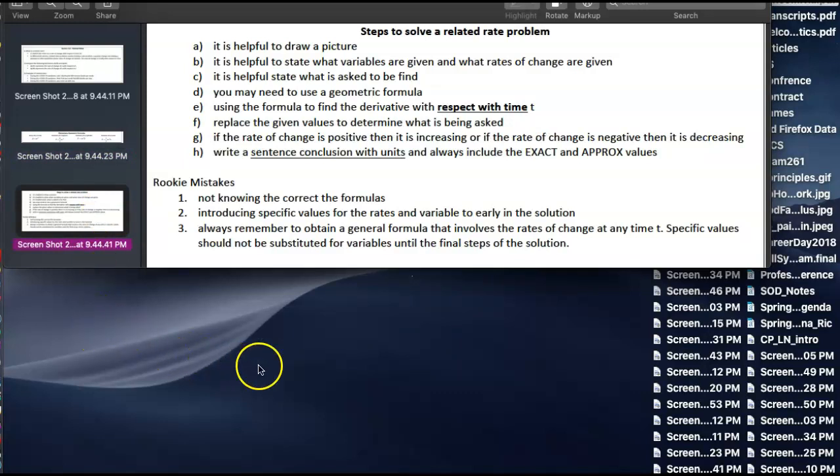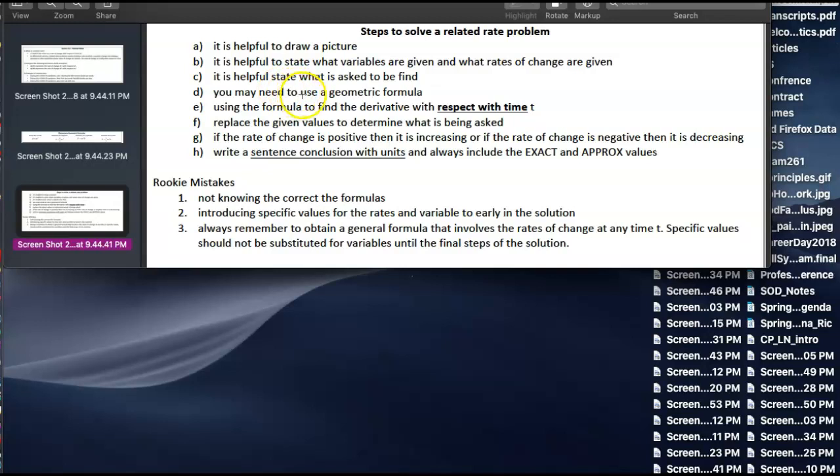Here are some steps that we want to make sure we are following when we solve a related rate. A related rate problem is going to be a word problem. So sometimes you'll notice that it's helpful to draw a picture. Sometimes it's helpful to state what the variables are given and what rates of change are given.